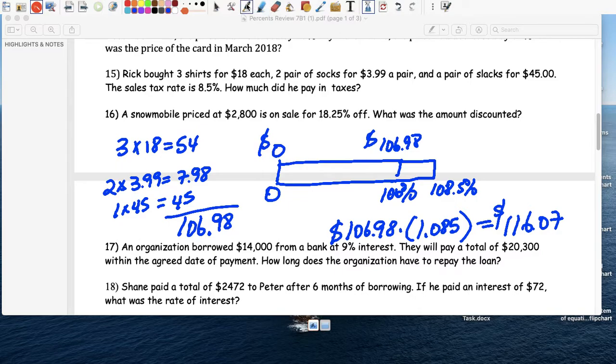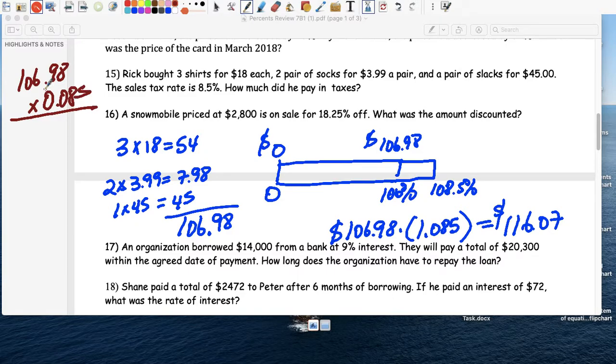Now, again, if you are insisting on doing it the long, long way, here's my total. Let me write this over here. Let me change colors. $106.98 is what I'm paying. Now I want to calculate the tax. Well, multiply, right? So you just want to find out what the tax is. It's 8.5%, multiplied by 0.085.